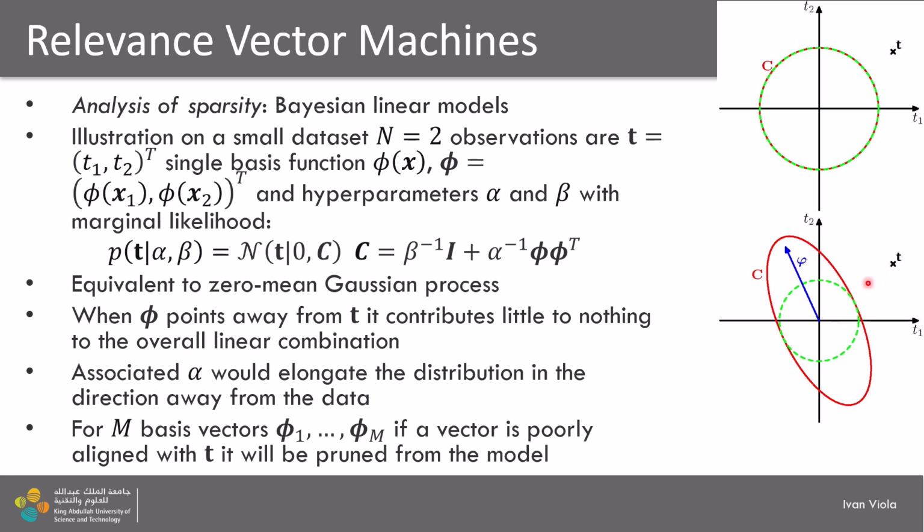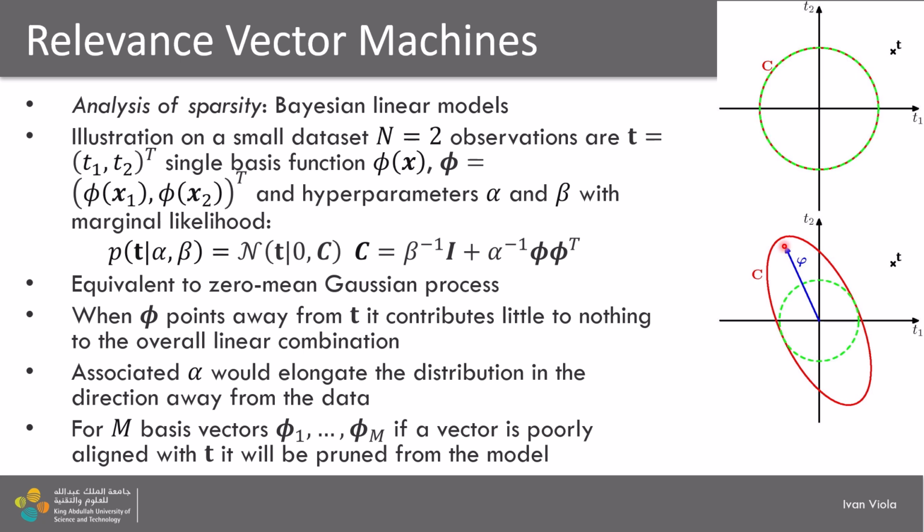Now we will plot the vector associated with the transformed input points, the vector phi, which has x1 and x2 as inputs, and these two coordinates span this vector.